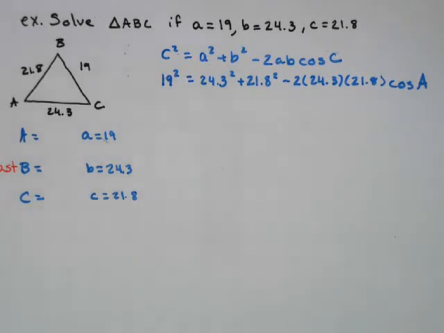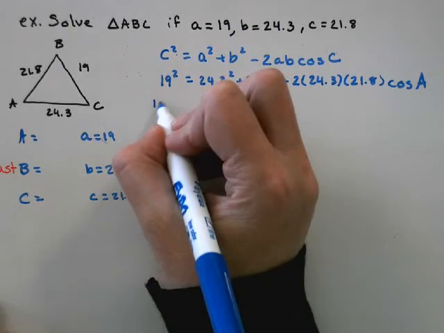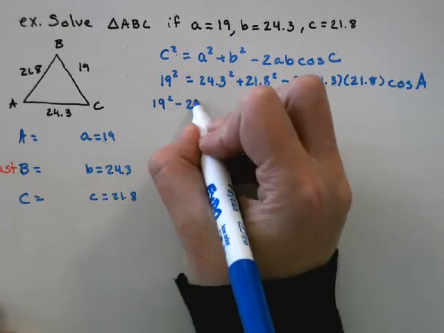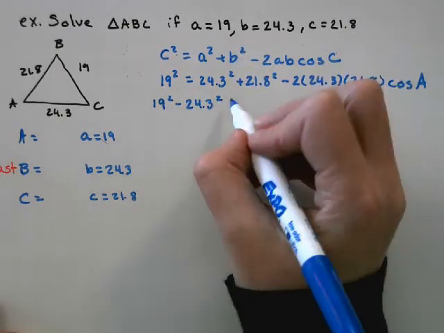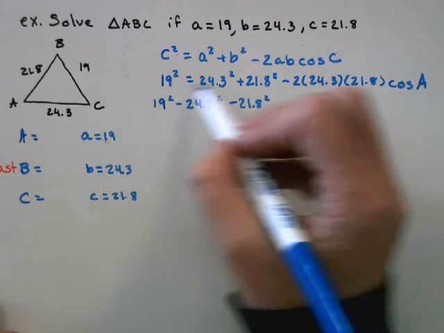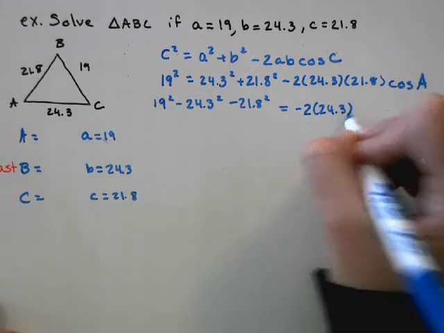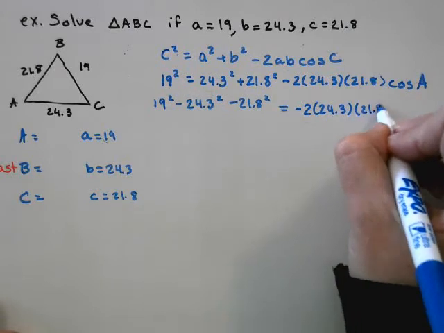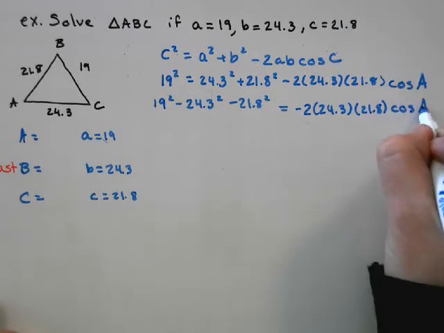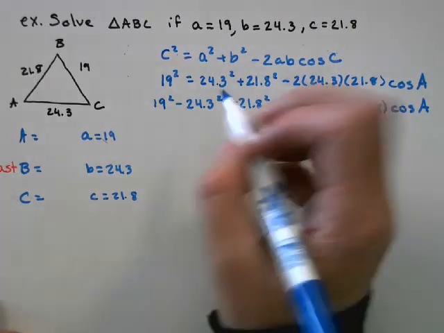Here we're going to have a little bit more algebra to go through to find A. We can't just type it in the calculator. Okay, so order of operations, I'm going to subtract these two things. So we're going to have 19 squared minus 24.3 squared minus 21.8 squared. That leaves me with, on this side, negative 2 times 24.3 times 21.8 cosine of A. Then I'm going to divide by all of this.